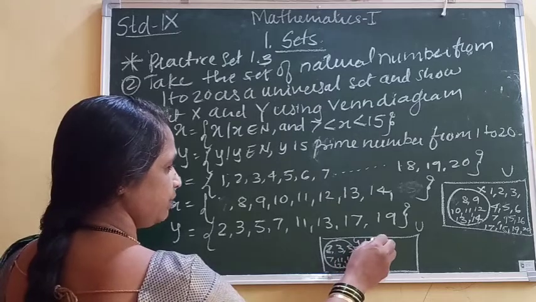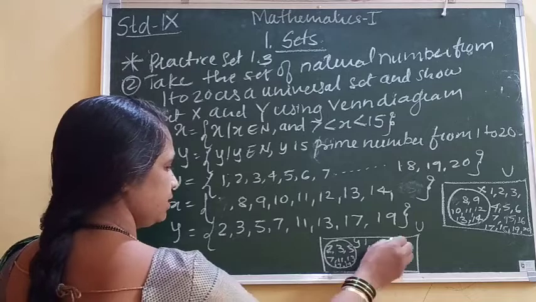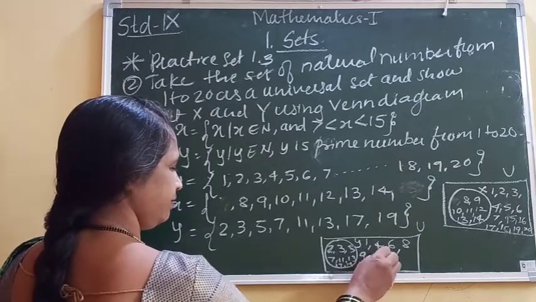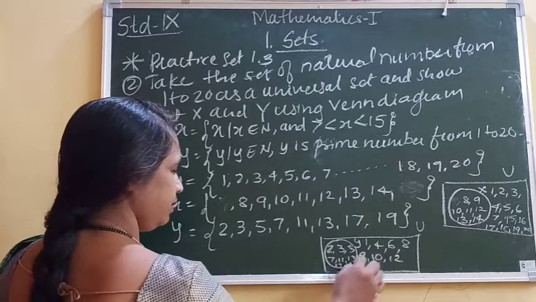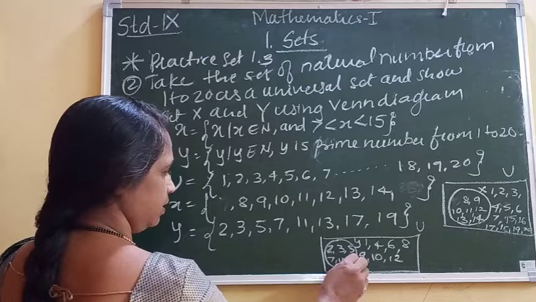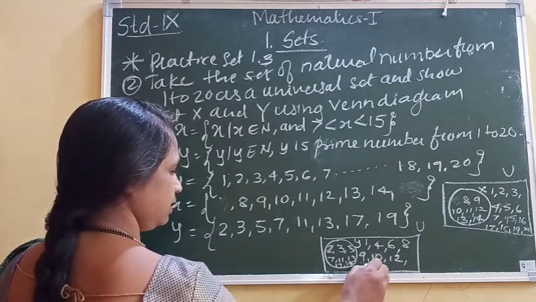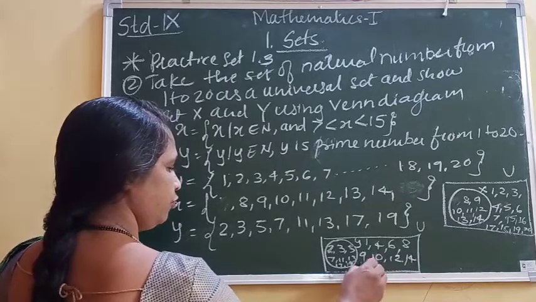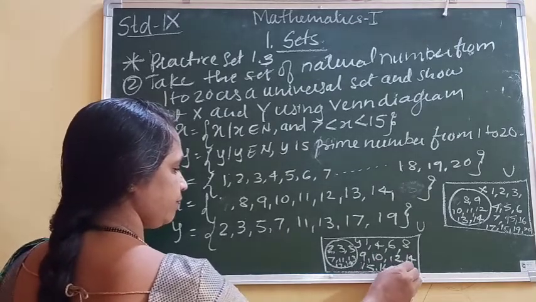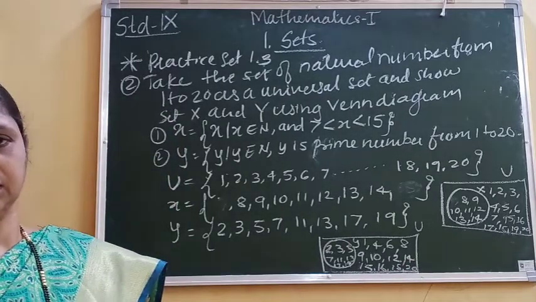So the remaining will come in this: 1, 4, 6, 8, 9, 10, 12, 14, 15, 16, 18 and 20. So this you can represent using a Venn diagram.